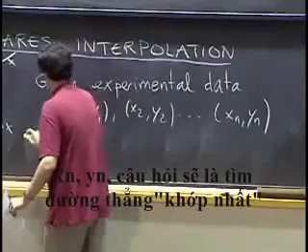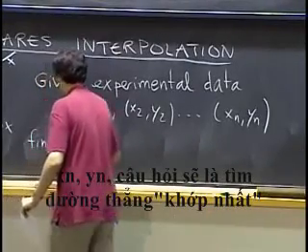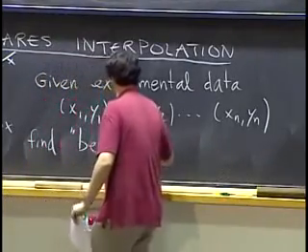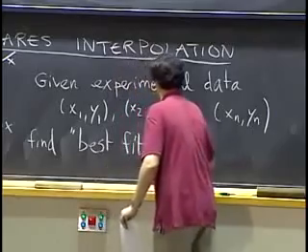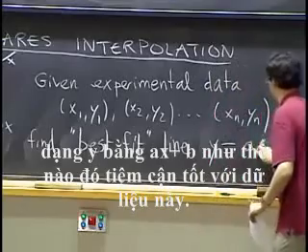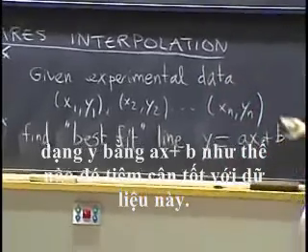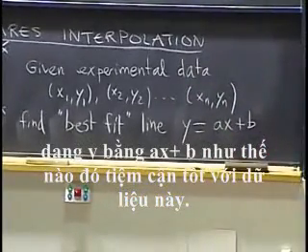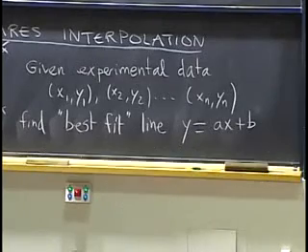The question would be, find the best fit line of the form y = ax + b that somehow approximates this data very well.